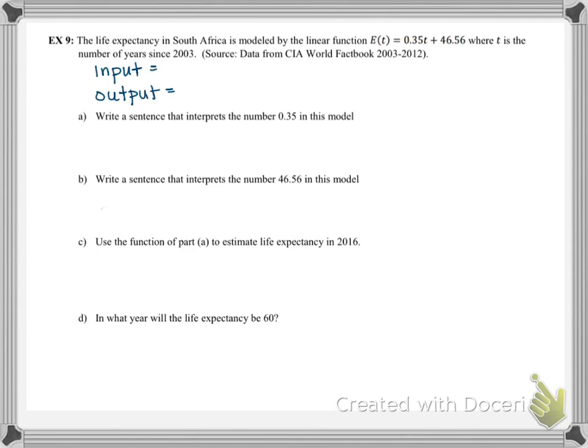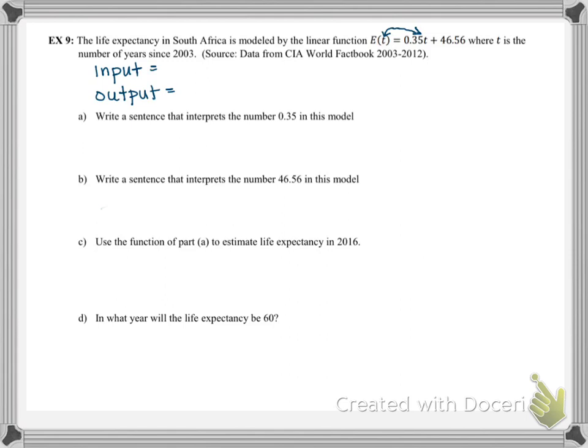When a function is given in function notation, like with the E of t on the left there, what is in these parentheses is always your input, no matter what. Also notice it will always correspond to the variable that's in the formula.